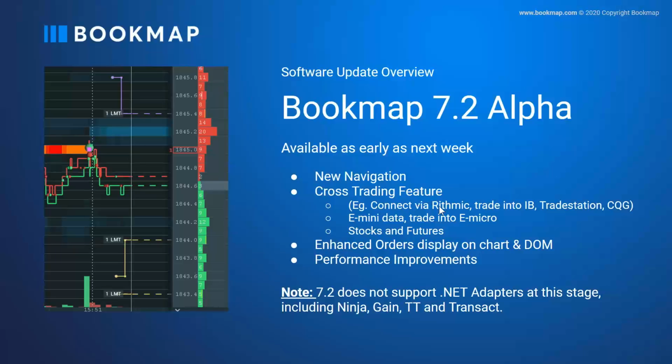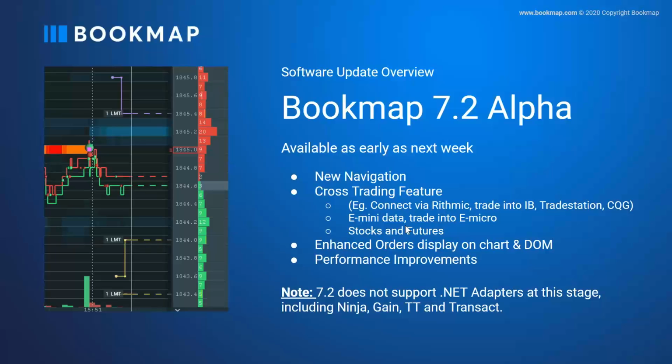For example, you can connect with quality data for futures like Rhythmic, but you can route your trading activity into an Interactive Brokers, TradeStation, or CQG account. This is a really nice feature that really opens up Bookmap for you so that you can trade right from the Bookmap chart with the quality data, or any data that you prefer, and route your trades to wherever you prefer as well.